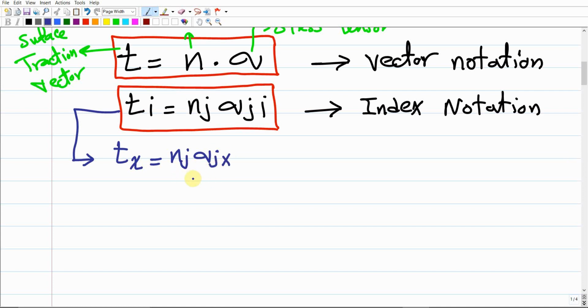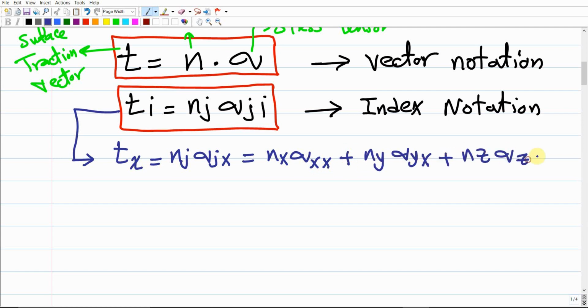On the right hand side, j is a repeated index, which means it is a dummy index, and we sum over it. So we have nx sigma xx, which is one term, plus ny sigma yx plus nz sigma zx. Summing all of these terms, we end up with the force acting parallel to x. We are going to explain all of these different terms shortly.